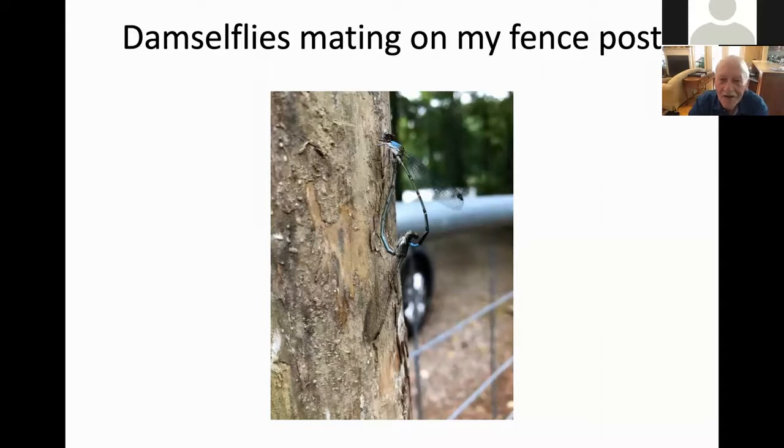I mean, the tail, I've lost my pointer, but the tail of one is holding onto the neck of the other, and the tail of the other is bending forward and connecting under the abdomen of the first one. It turns out that this guy is the male, okay? He's holding the female by the neck. She has bent her abdomen forward, and she is actually taking sperm that the male has previously ejaculated into a pouch here in this first abdominal segment.